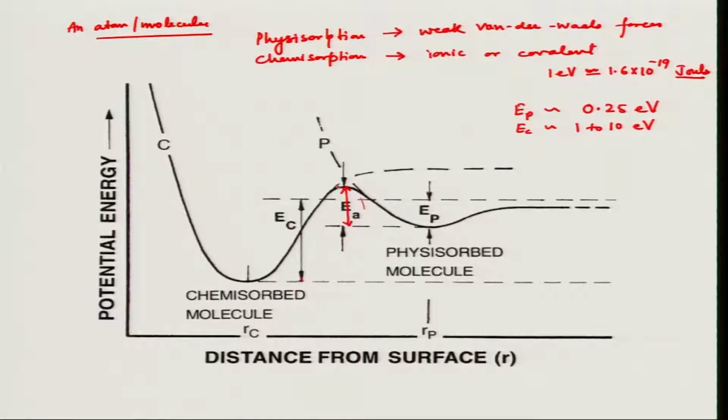So, this activation energy has to be provided so that the atom or molecule goes from the physisorbed state to a chemisorbed state, which will be much more stable because of ionic or covalent bonding between the surface and the atom or molecule. So, this is the process by which this happens, and how does an atom or molecule get adsorbed on the surface?